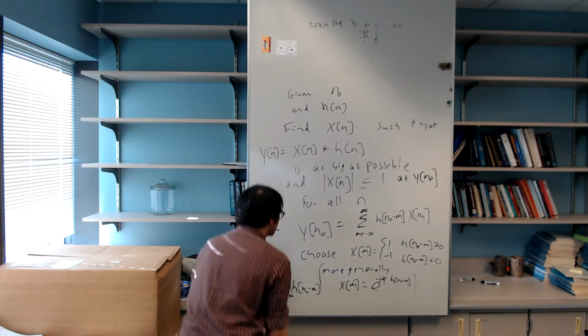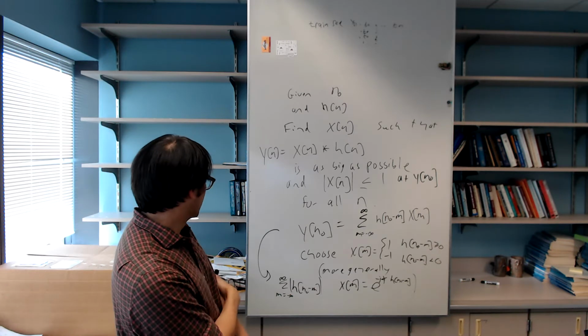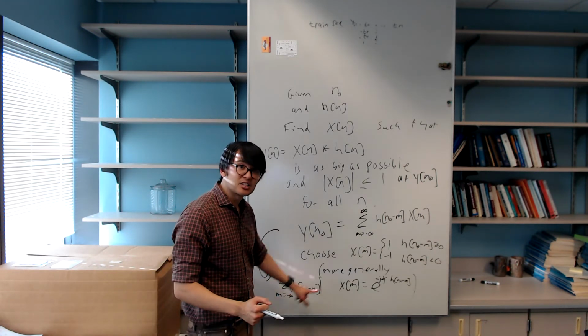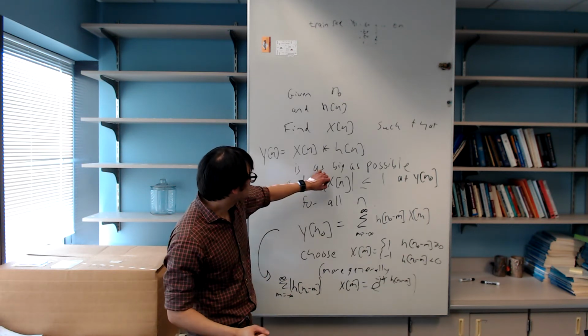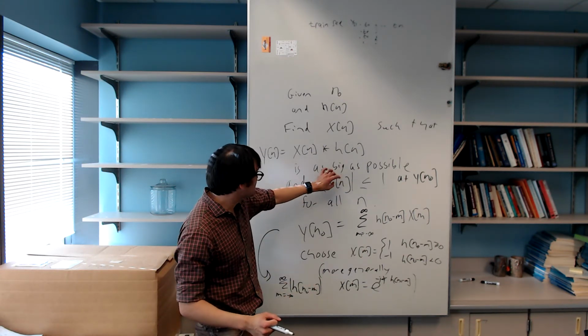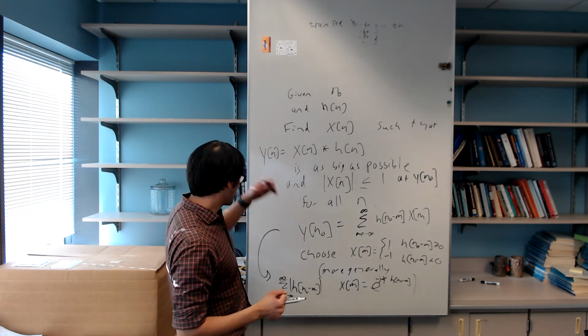The key feature here is that if this thing is bounded, then it doesn't matter how we choose x of n; the output is always going to be bounded.